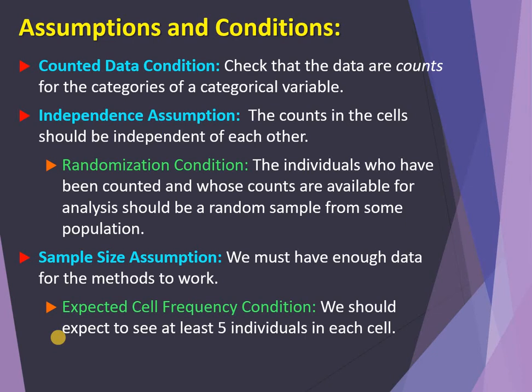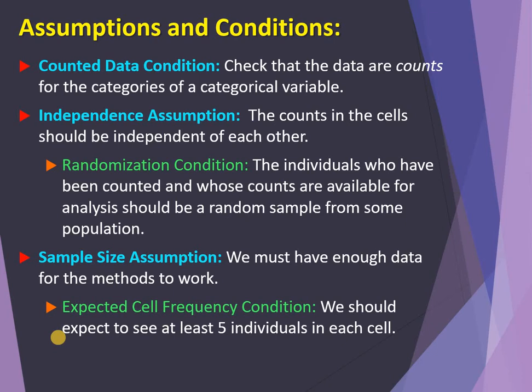Now, this is the big one. For chi-squared, the biggest two issues: you need counted data, and you have to check your expected counts. What should you expect to see? Now, please understand that is expected. Remember when we were dealing with proportions and we were saying success-failures, 10?